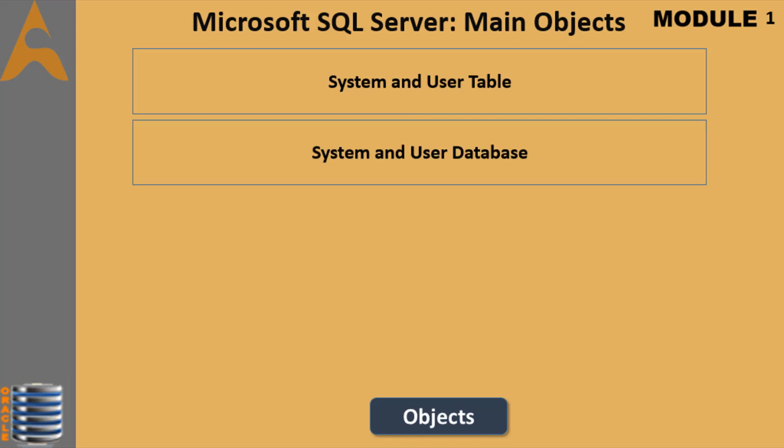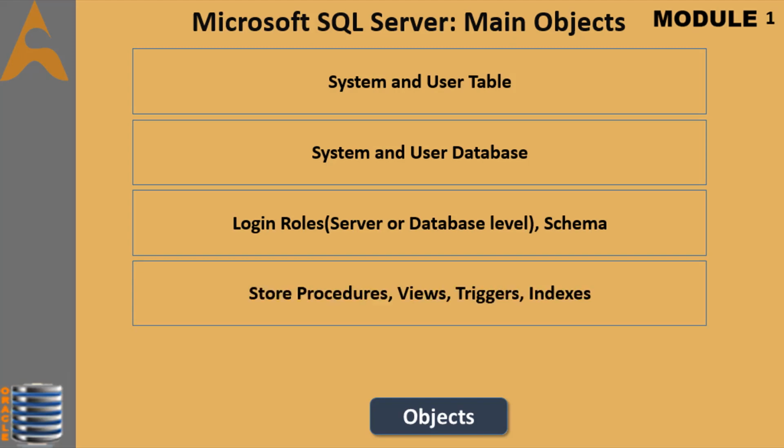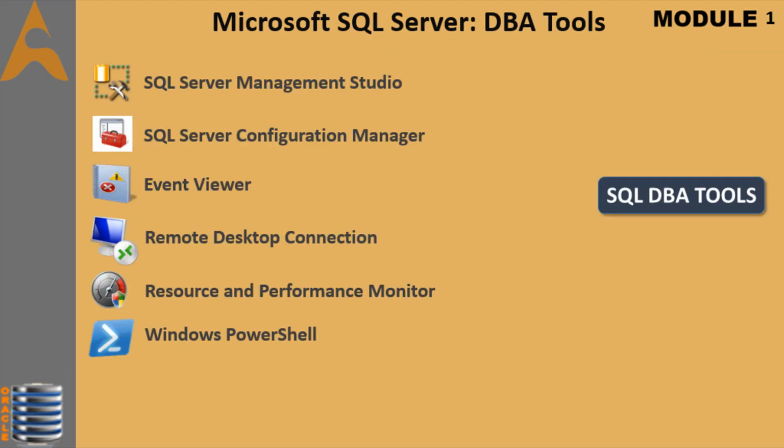Then, these are some examples of the main objects in a SQL Server instance. We have system and user tables, system and user databases, logins, roles, server or database level schemas, and stored procedures, views, triggers and indexes. These are some of the most important tools used by the SQL Server DBA on a daily basis.